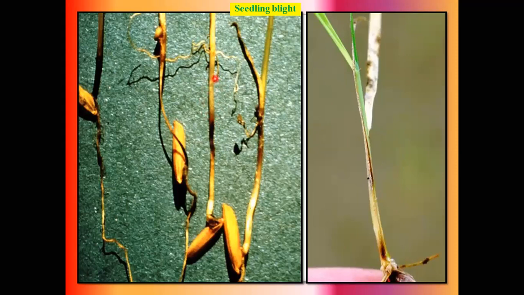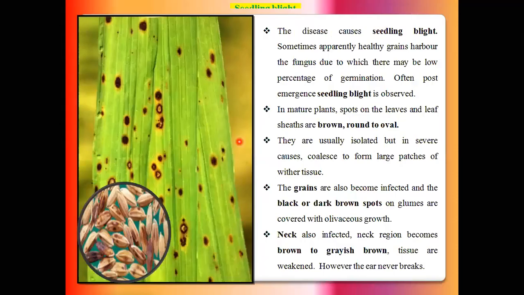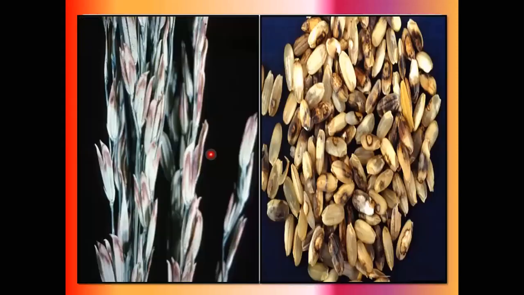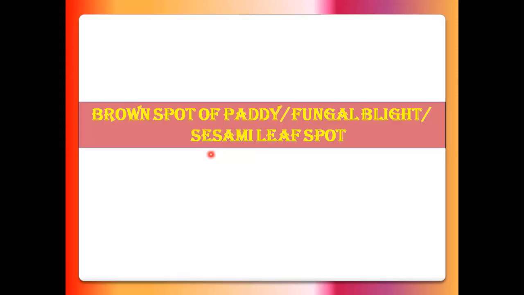This symptom is known as the seedling blight symptom. Meaning the fungus generally develops symptoms on growing seedlings of rice. Okay, so let us see the photographs. This symptom is generally seen in growing seedlings of rice.